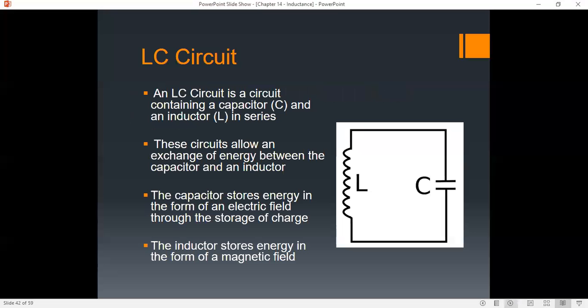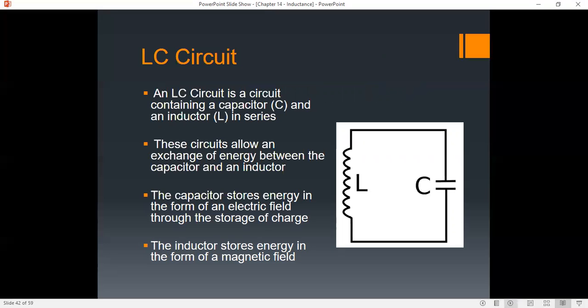So again, what is an LC circuit? Well, notice that we've left off the resistance. We're not going to talk about resistance just yet, because that's going to be a slightly more complicated circuit. But basically here, all we have is an inductor in series with a capacitor.